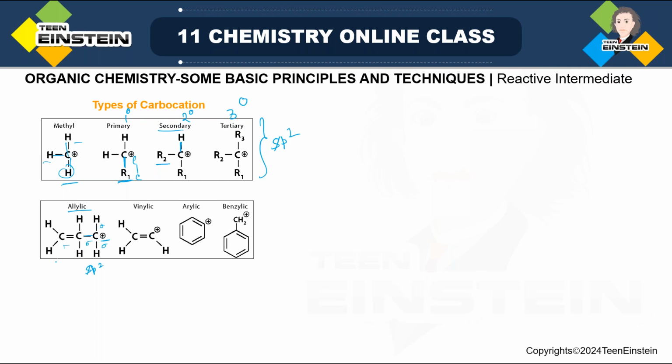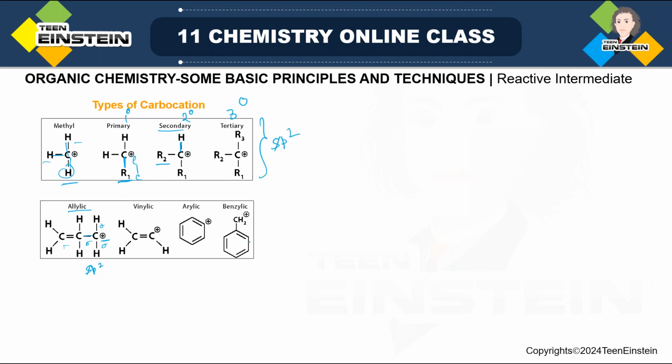This is allyl carbocation. It is stabilized because of this C=C double bond. It can undergo resonance. What type of resonance? This will be the resonance. Now the positive charge is here, the C=C double bond is here. So this type of resonance is possible. And this is also sp2 hybridized because the positively charged carbon has 3 sigma bonds.